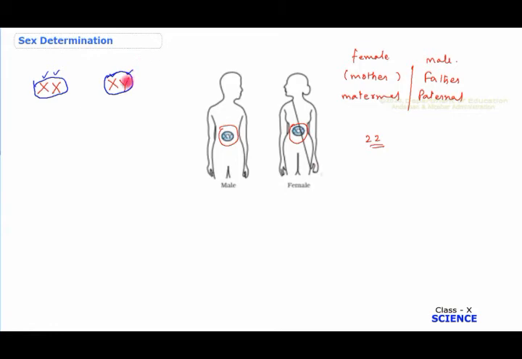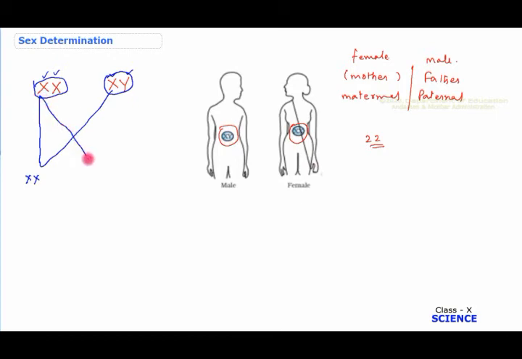Now by following the rules of inheritance, we can work out the sex of a newborn baby. In the first case we see X from the female and X from the male, so the combination would be XX, right?